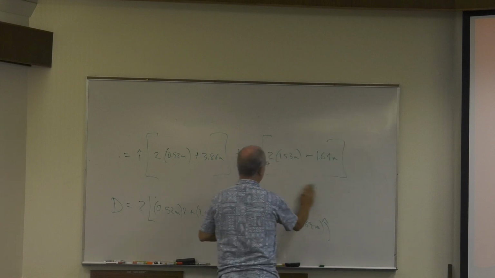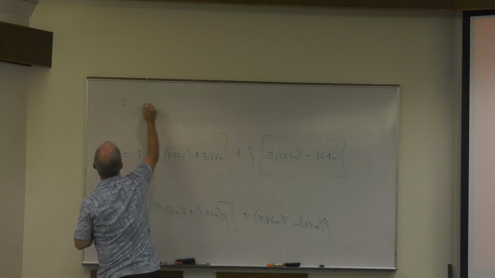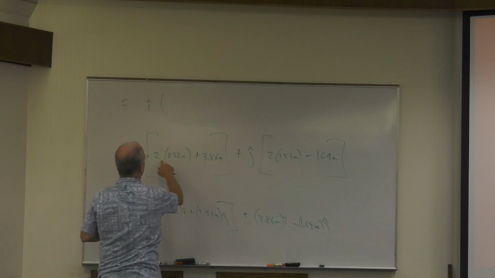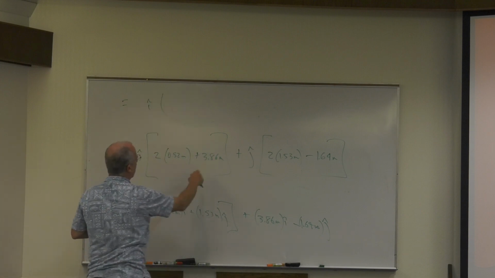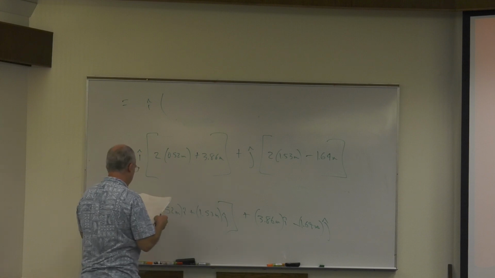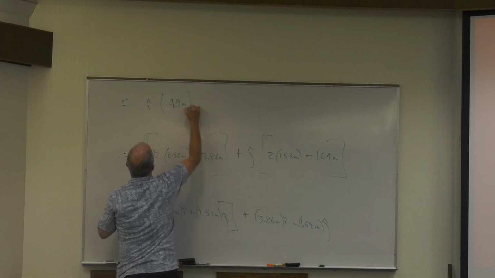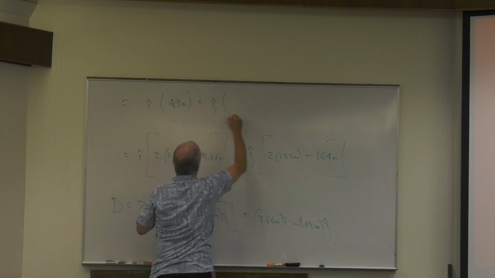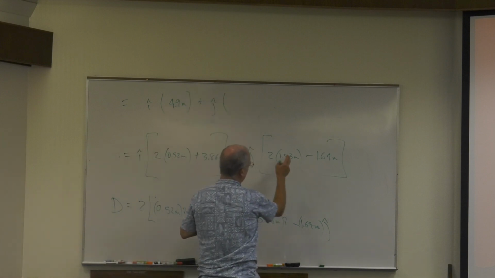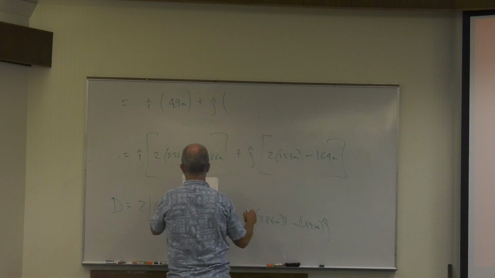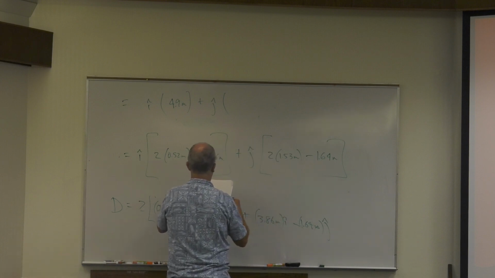And then finally, what do you get? That's like 1 plus that. It should be like 5 or something like that. So it's 4.9 meters and plus j. So it's like 3 minus that, like 1.5 or something. No, it's 5.